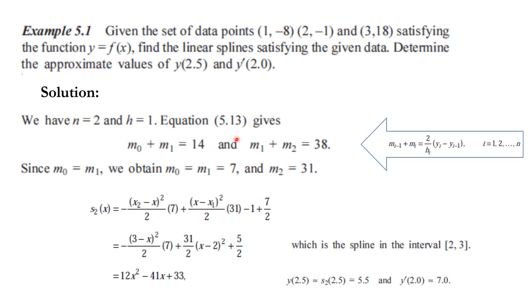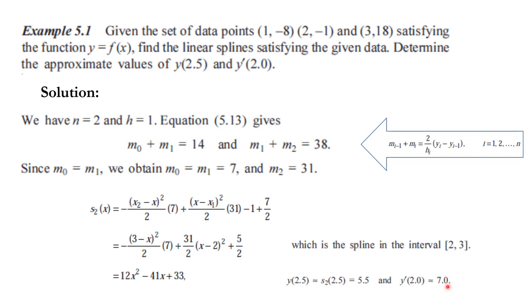So to find the value of y at 2.5, we substitute x equal to 2.5 and it is obtained as approximately 5.5. And the first derivative is obtained as 7.0.